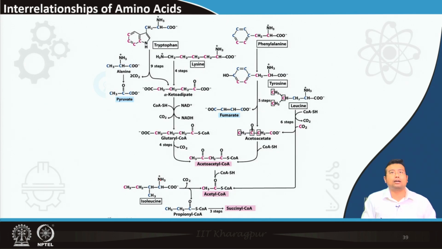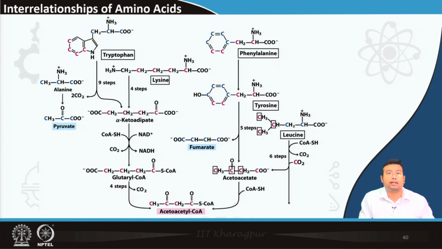So, if we look at the metabolic fate of the ketogenic amino acids, you can see tryptophan, right, as well as phenylalanine and tyrosine form acetoacetyl CoA. Leucine, a branched chain amino acid, was also forming acetoacetyl CoA, right, and isoleucine is also forming both acetyl CoA and succinyl CoA, right.